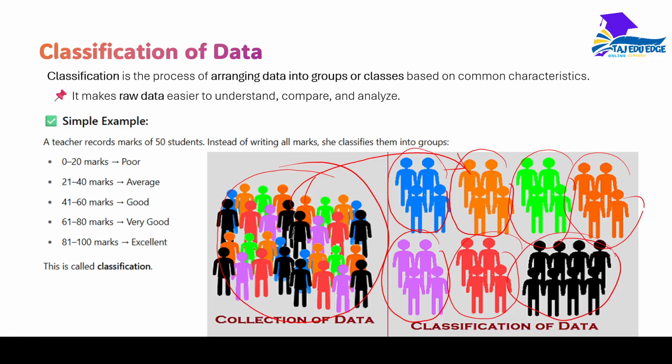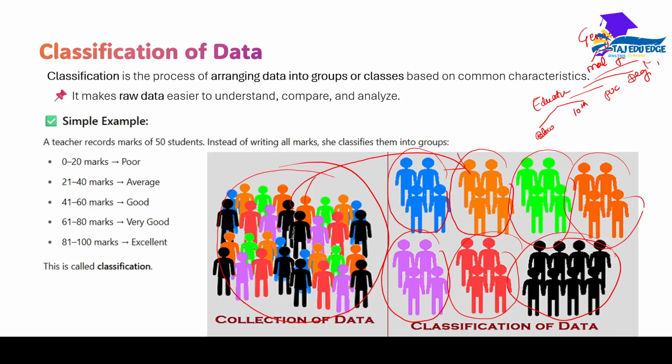So based on some common characteristics like gender, we can segregate into male, female. Okay, let's say education: below 10th, 10th, PUC, degree, post graduation, PG means post graduation.